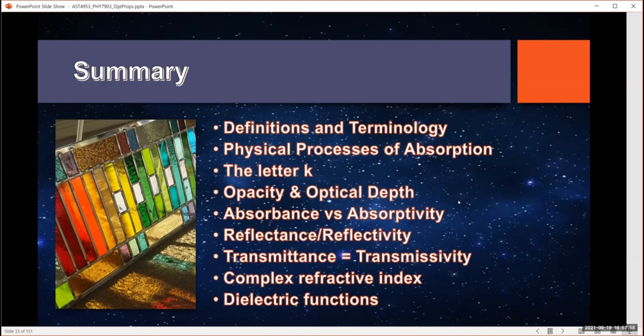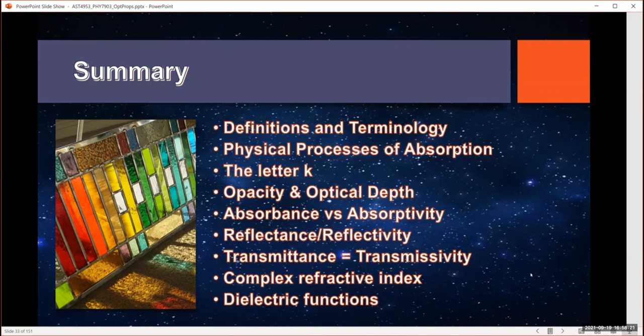We talked about opacity and optical depth, absorbance versus absorptivity, reflectance and reflectivity, and that transmittance and transmissivity are the same thing. I'm pretty sure that we actually use transmittance because transmissivity is hard to say. And then we introduced the complex refractive index and related it to dielectric functions and Maxwell's equations.